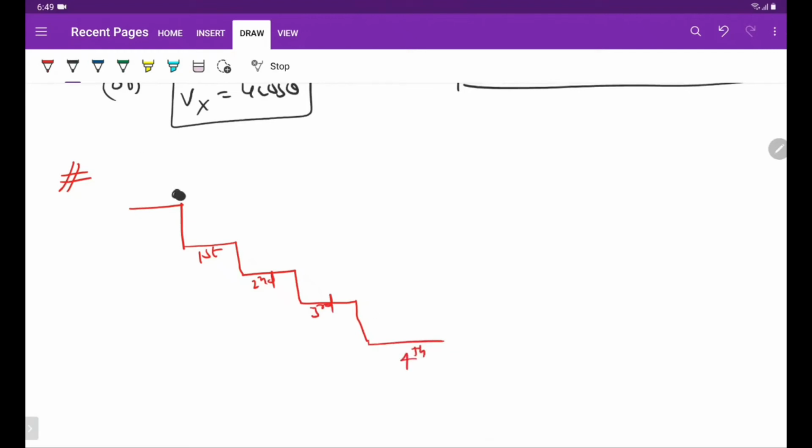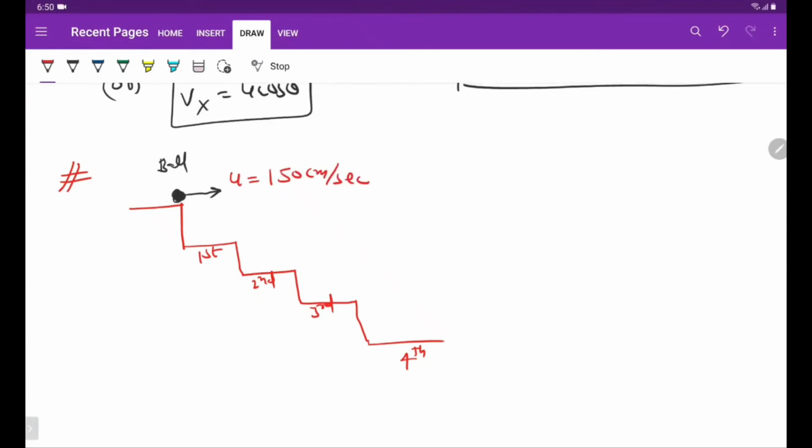A ball is projected with initial velocity u, given as 150 centimeter per second.